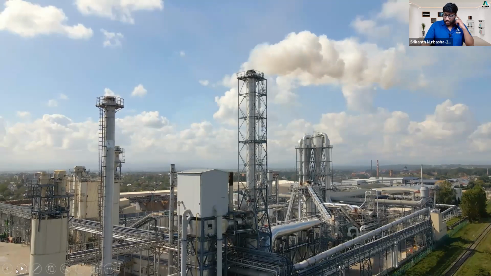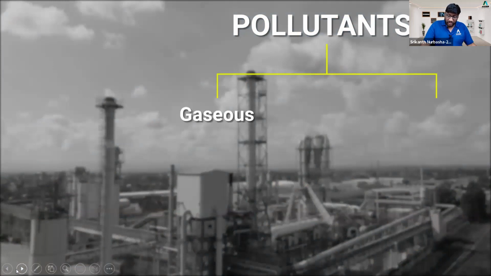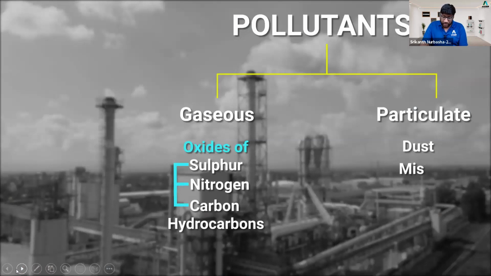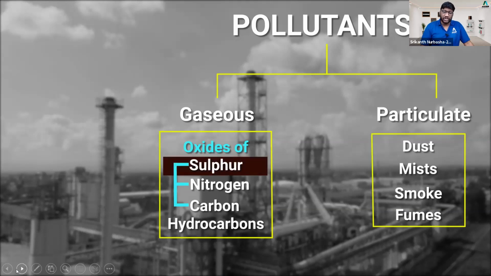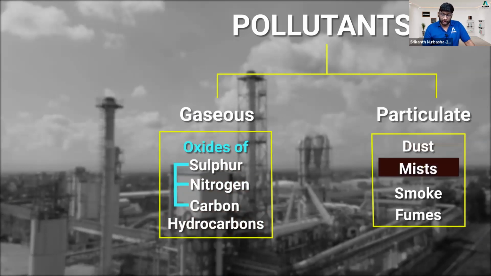The gaseous substances released can be majorly oxides of sulfur, nitrogen, carbon, and hydrocarbons. Particulates will be like dust, mist, smoke, and fumes. These are your gaseous pollutants, and dust, mist, smoke, and fumes are your particulate pollutants.